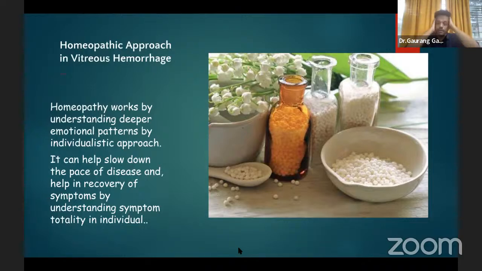All this has to be done in as much detail as one can. And then a homeopathic remedy is chosen, tailor-made for the person. So homeopathy has good scope in vitreous hemorrhage and retinal hemorrhage, really good.